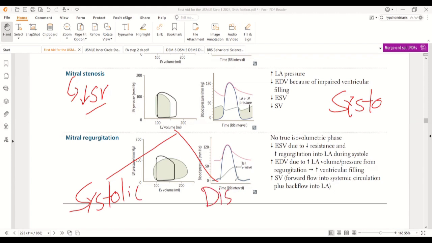For identification of the murmur, if the murmur is systolic and it is a semilunar valve pathology, then it will be a stenotic lesion. The semilunar valves are the aortic valve and the pulmonary valve.